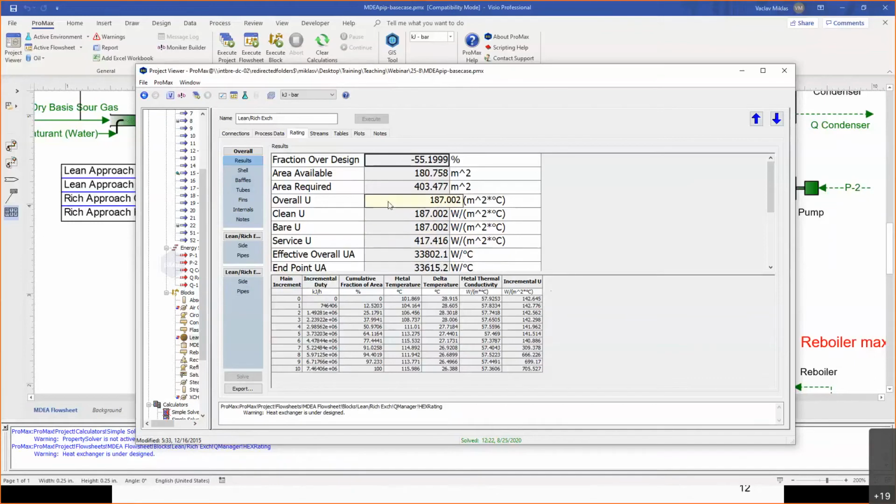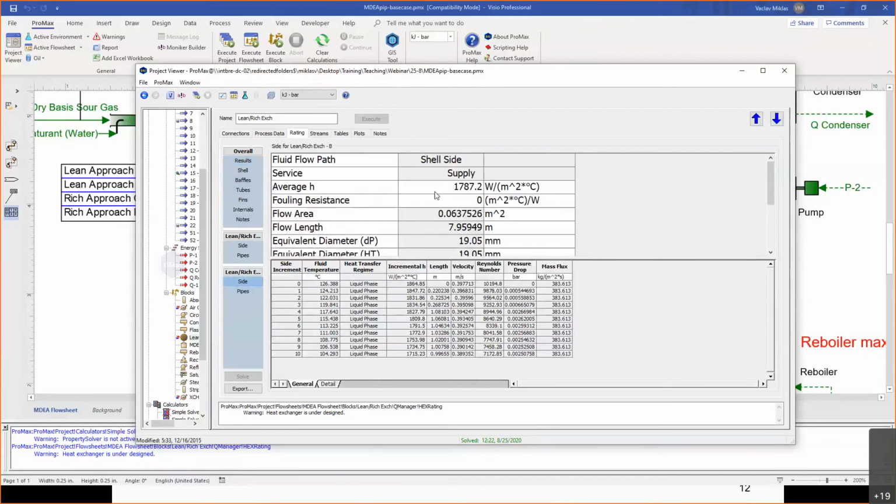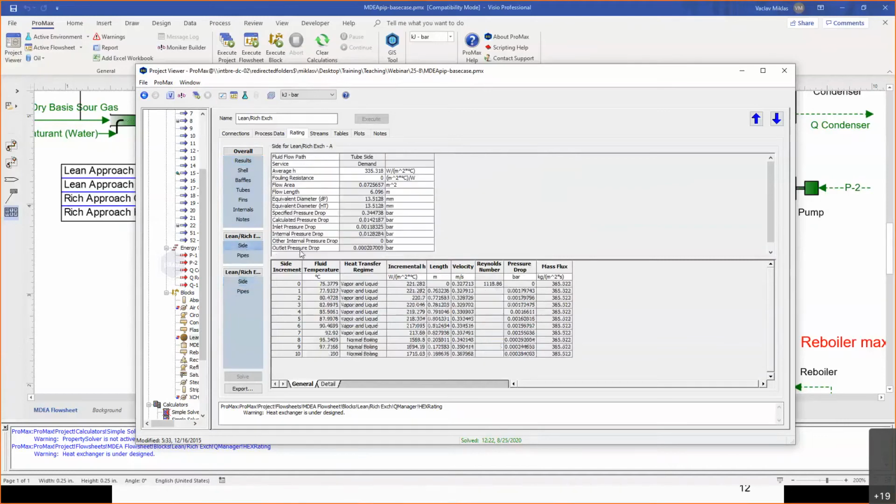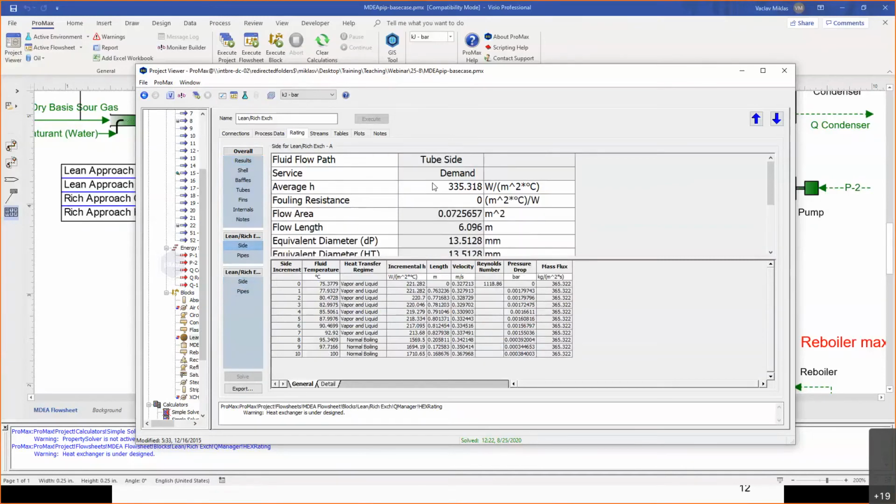We can see the overall heat transfer coefficient is 187 watts per square meter and degree Celsius. If we take a look at the shell side, here the film heat transfer coefficient is quite high, so it's probably not the limiting side. But if we take a look at the tube side, here we have 335.